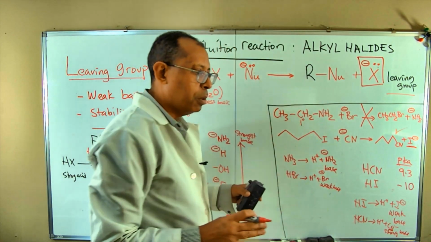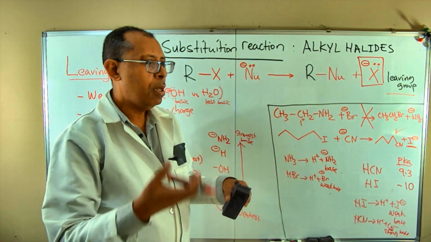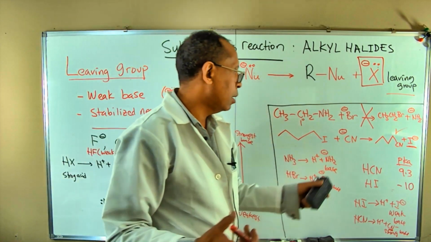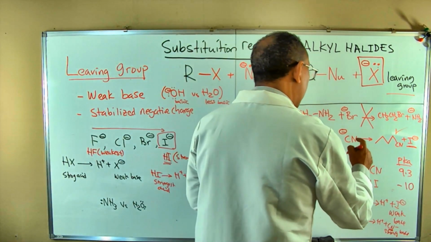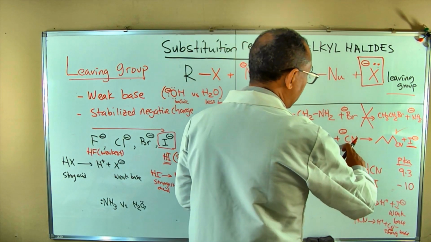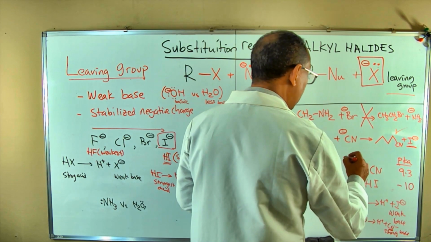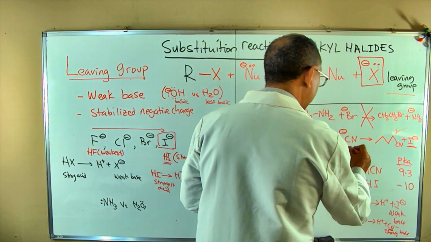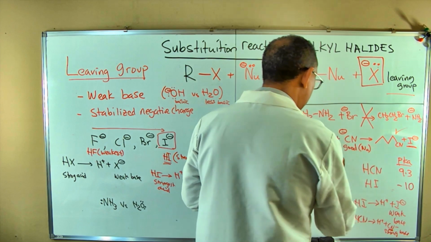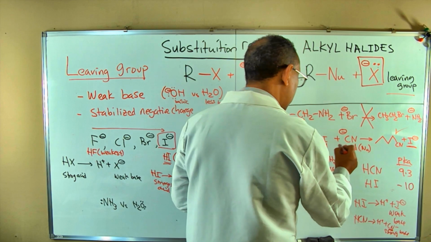So as I already told you, nucleophiles have a pair of electrons on them, pure negative charge. So cyanide, because this is a CN nitrile group with a negative charge, is a good nucleophile, and you have a good leaving group. This combination is good.